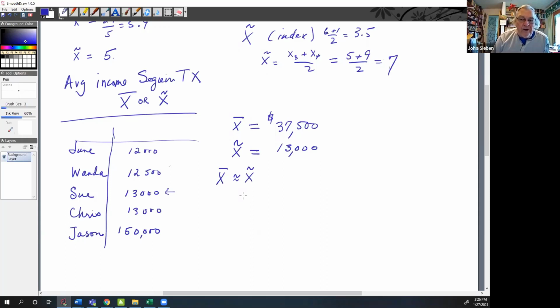There's about as much on the upper end as on the lower end if these two things are close together. But if you've got one end loaded, high end or low end, X bar will move away from X tilde. So that's the thing you can just see at a glance when you look at data. You can go, oh, wait a minute, I know something about this data that you don't know. It's always fun to know something that other people don't know.